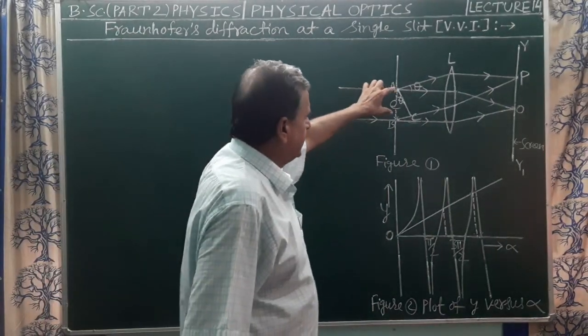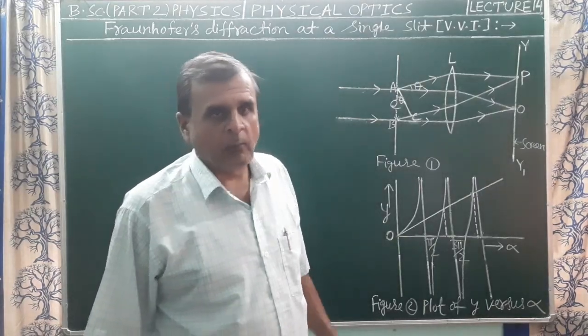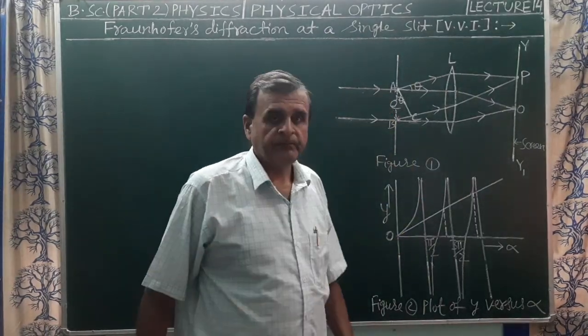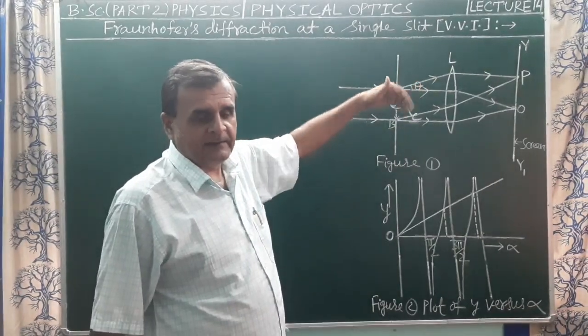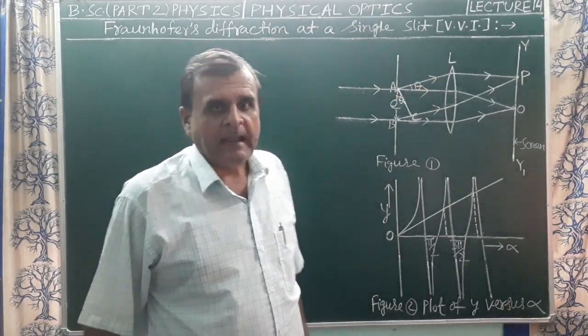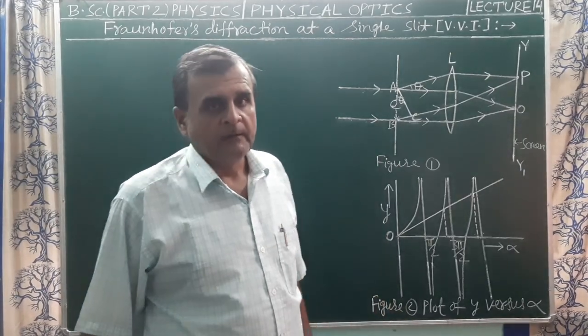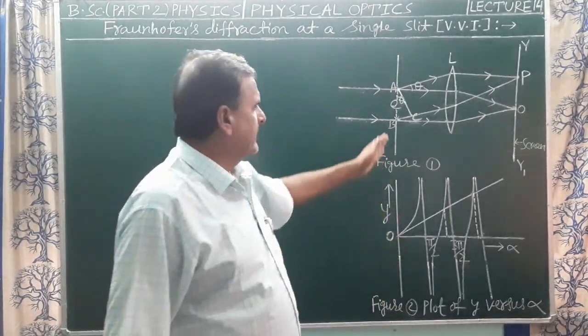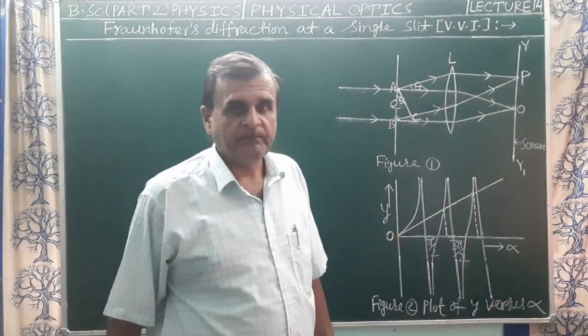Suppose AB is a single slit of width small e. A parallel beam of light coming from an extended monochromatic light source falls normally on the single slit AB.